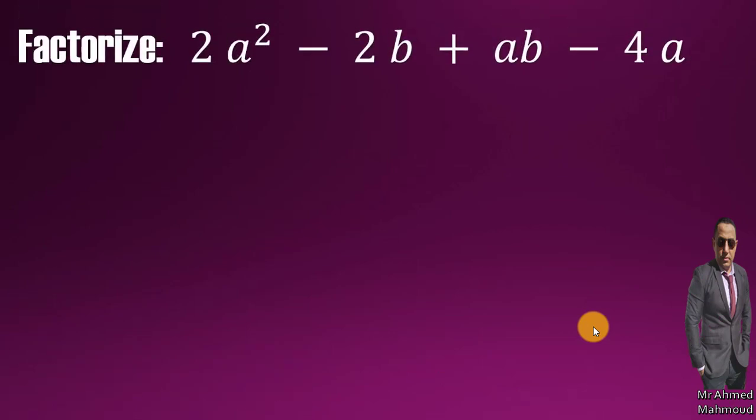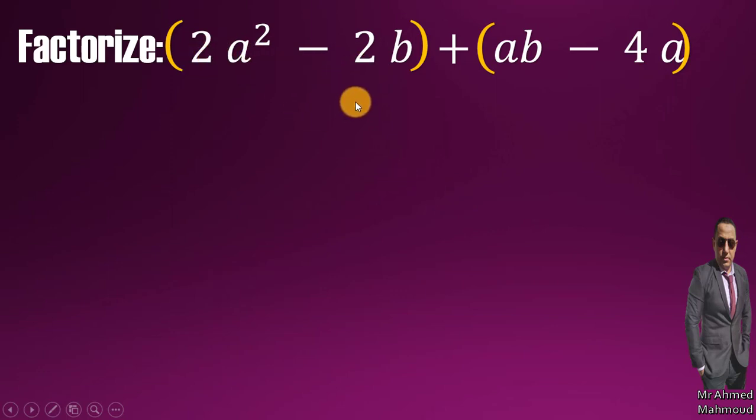Another example. I have now 2a squared minus 2b plus ab minus 4a. First I'm going to regroup the expression like this, and take the common factor here and here.